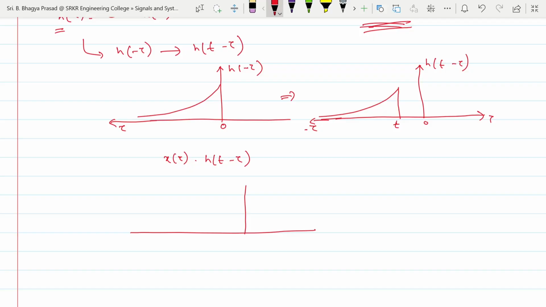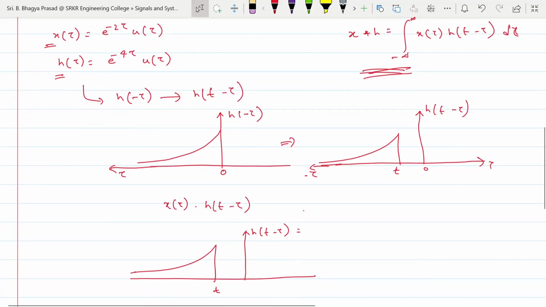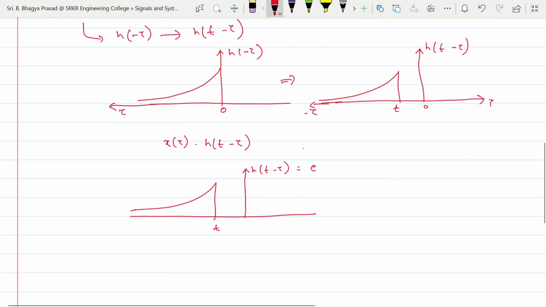The signals are x of t and h of t. This is h of t minus tau, which is e power minus 4t u of t, so that is e power minus 4.